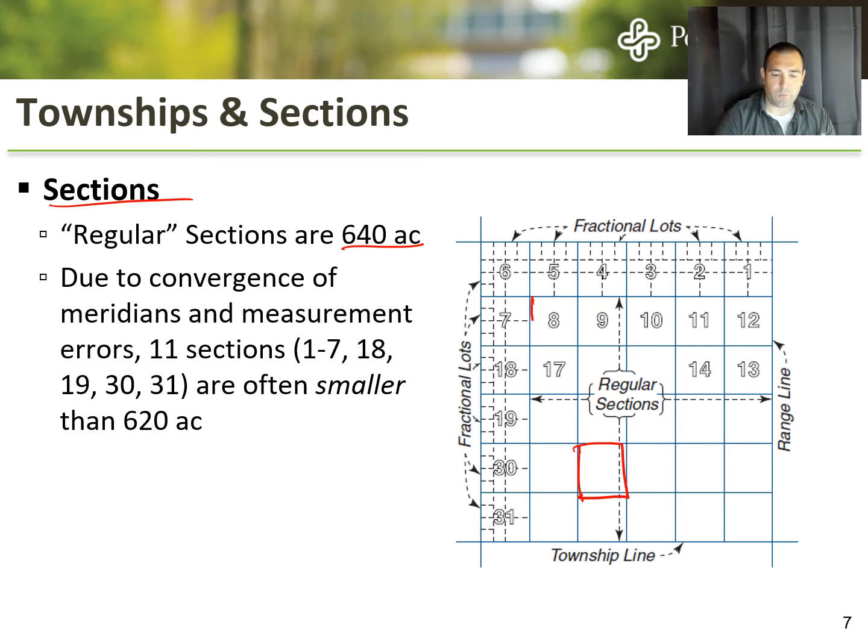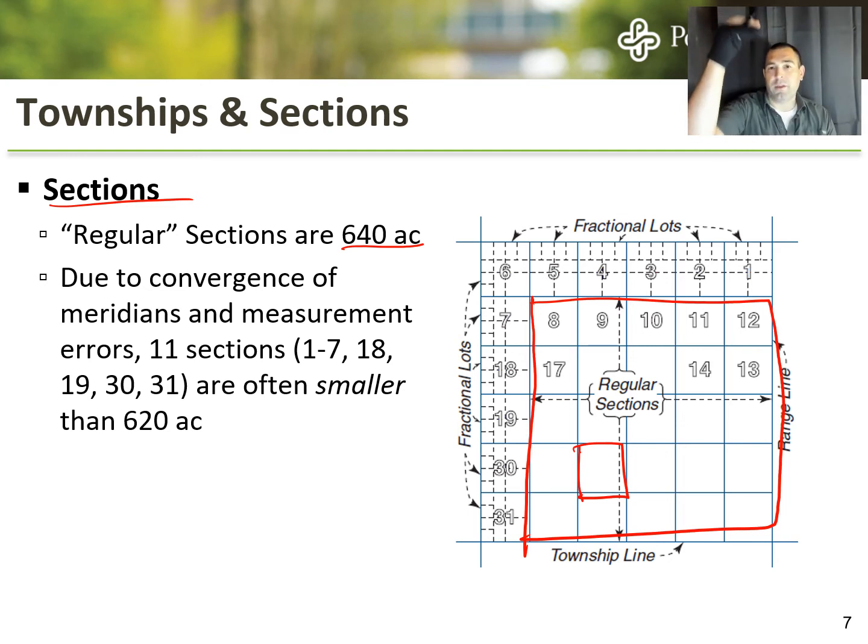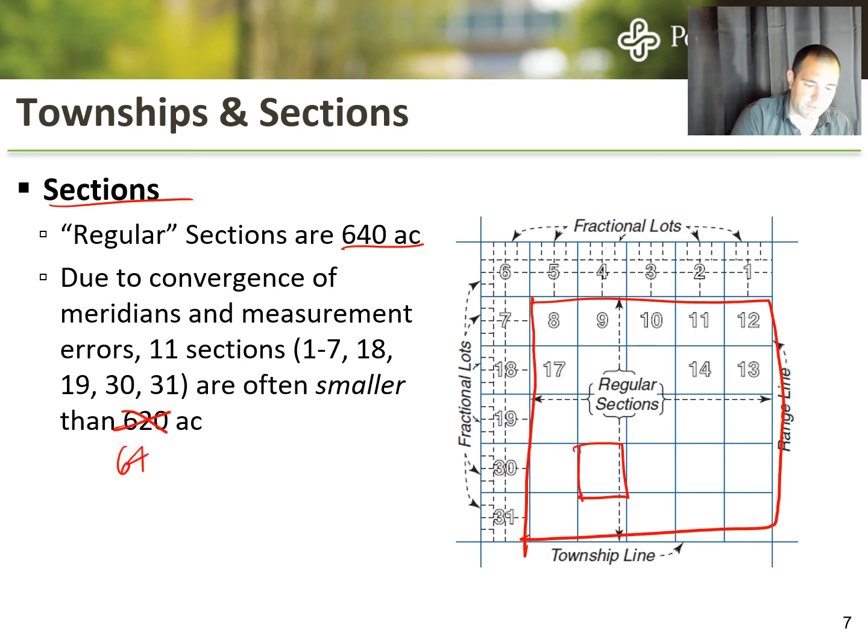So the way that this works is that these that I'm putting the border around, those 25 stay 640 acres. And the ones on the west and the ones on the north take up whatever error or distortion we have due to either the convergence of the meridians or errors with measurements potentially. So those are usually smaller than 640.